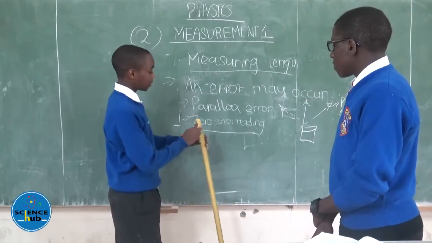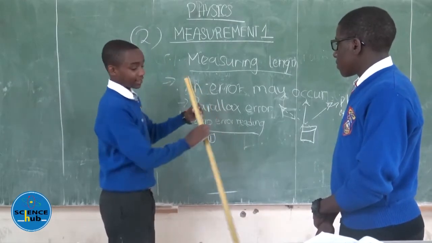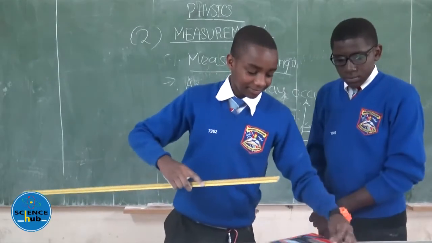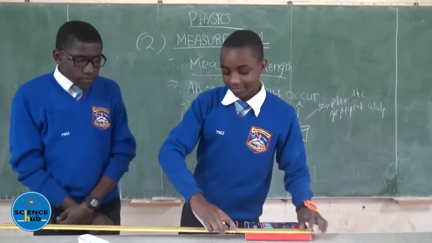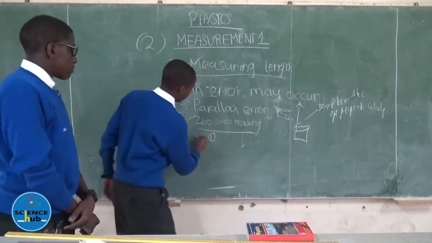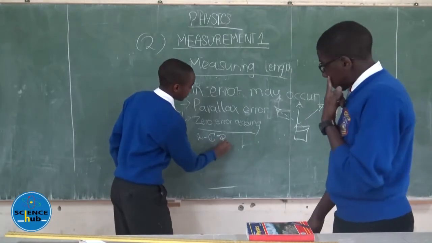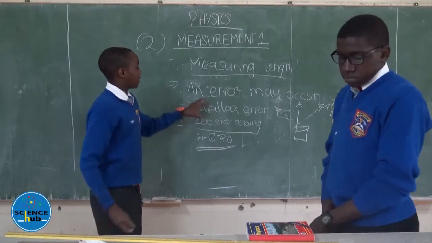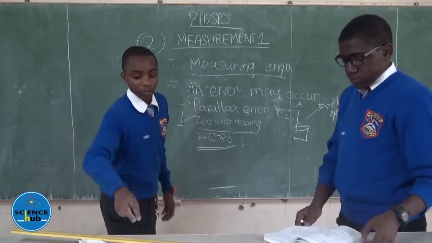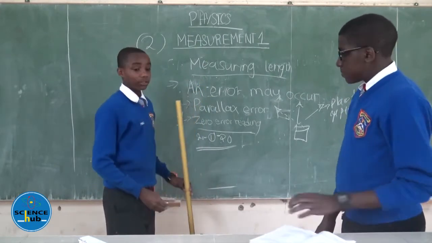For example, if this one started from 1, I'll note it down, then it ends at 21. I'll note them down, then subtract to get the final measurement as 20.